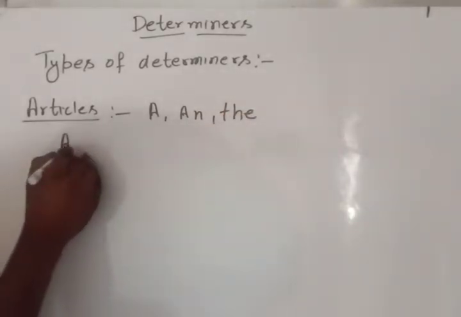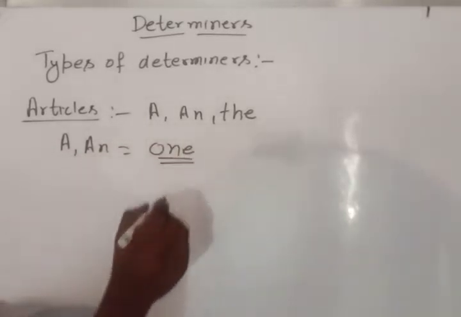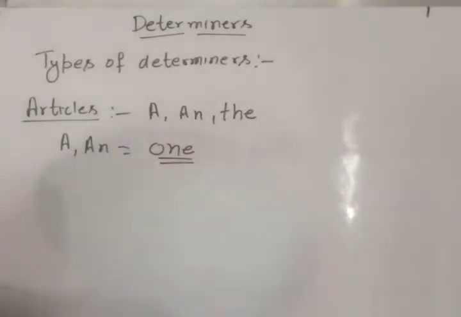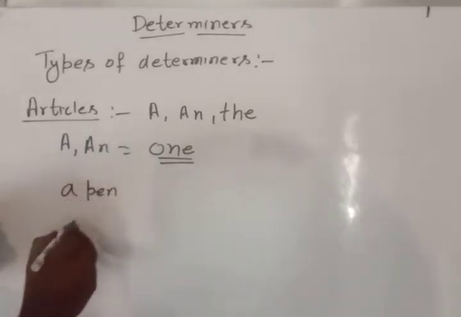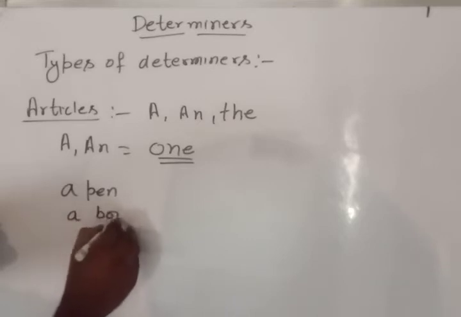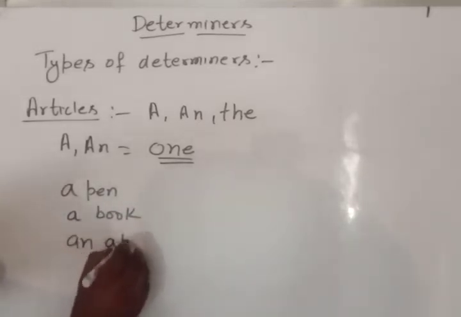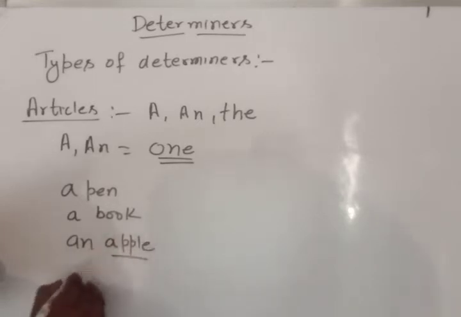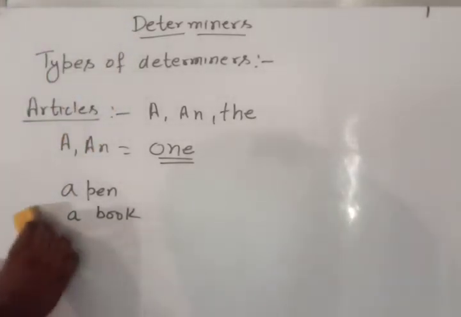So a and an we use for one, to specify the special quantity of some type of noun. For example, a pen, a book, for example, an apple, etc. Clear? So a is very clear.